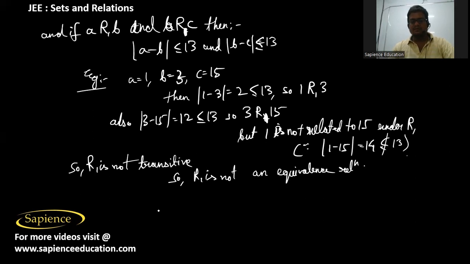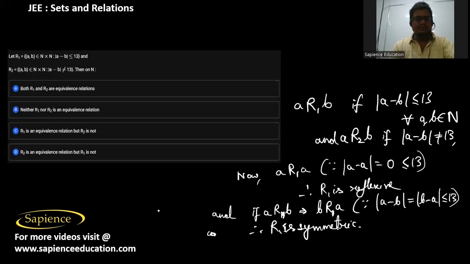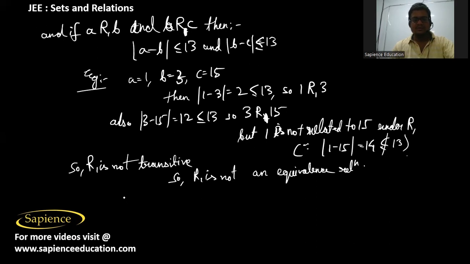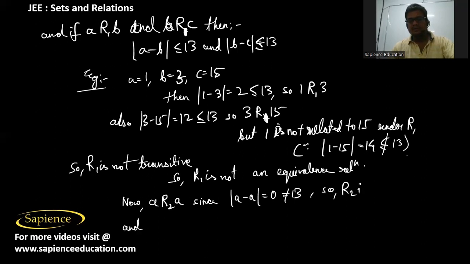And then for R2, R2 is mod of A minus B not equal to 13. Now A is related to A under the relation R2, since mod of A minus A is equal to 0, which is not equal to 13. So R2 is reflexive.